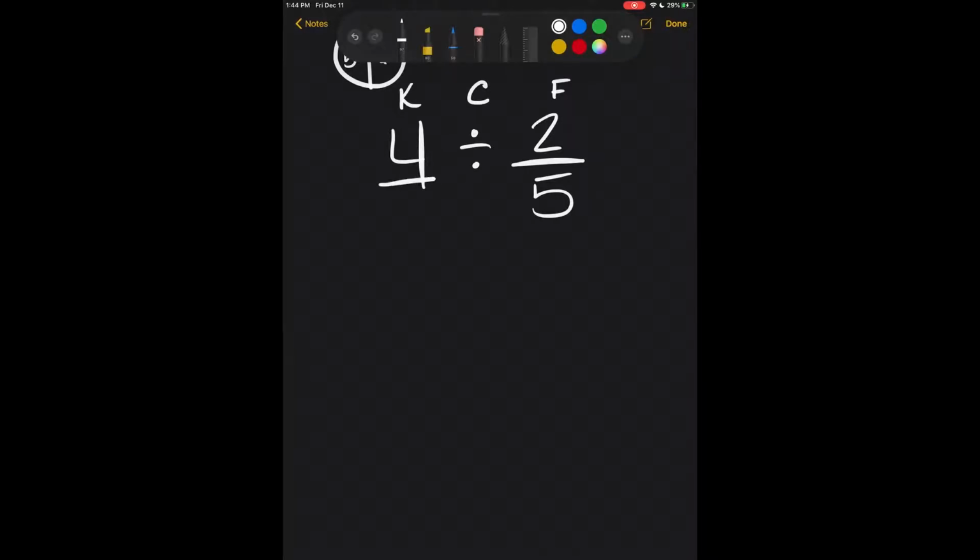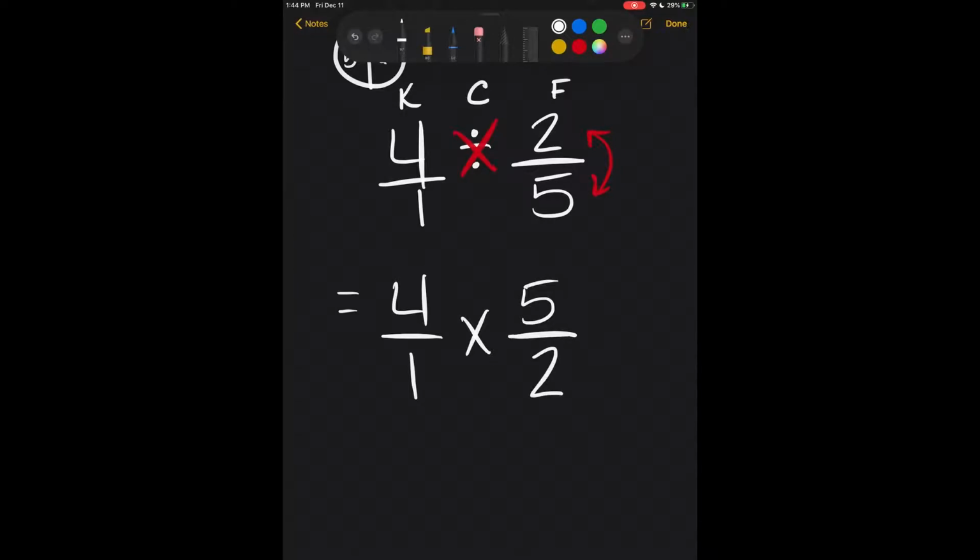Well, my 4 needs to become a fraction, right? So I turn it into 4 over 1, which I'm keeping. I leave it alone. I change my division to multiplication, and then I flip my 2 over 5. So that means that this becomes 4 over 1 times 5 over 2. 5 halves.